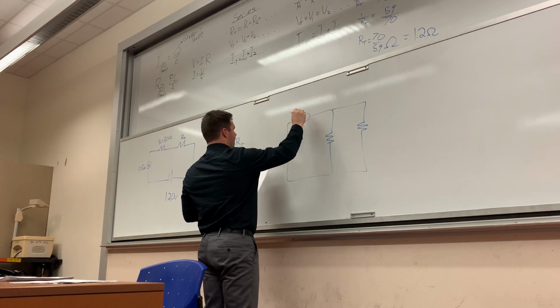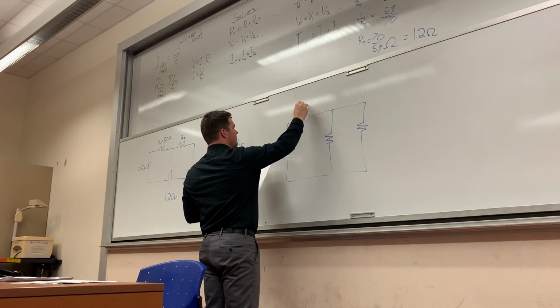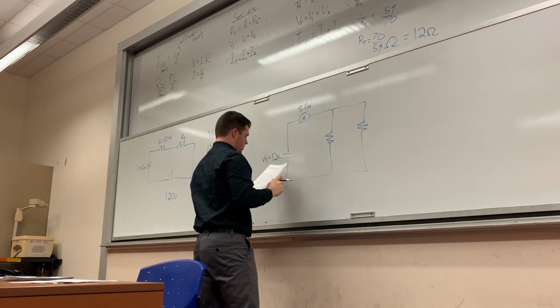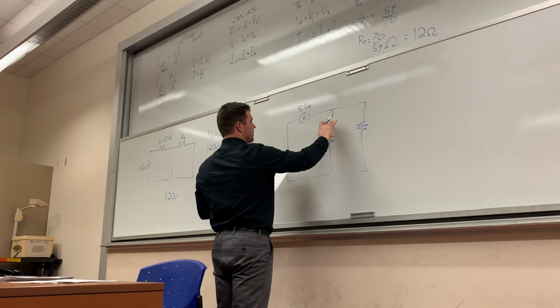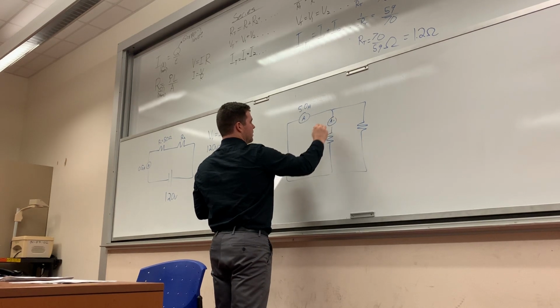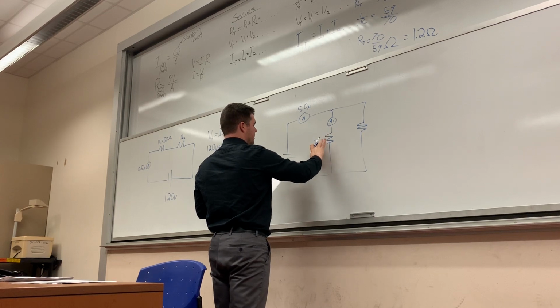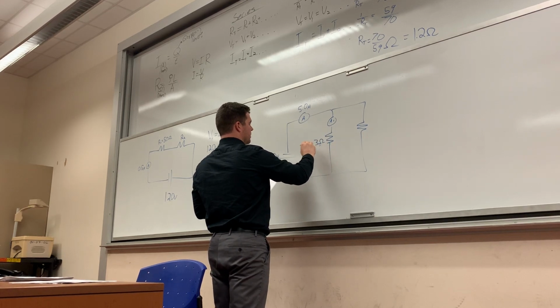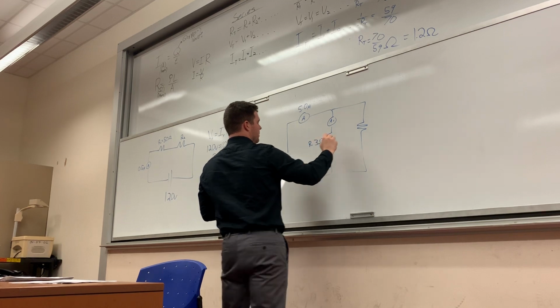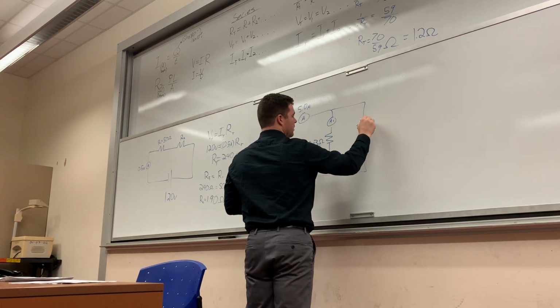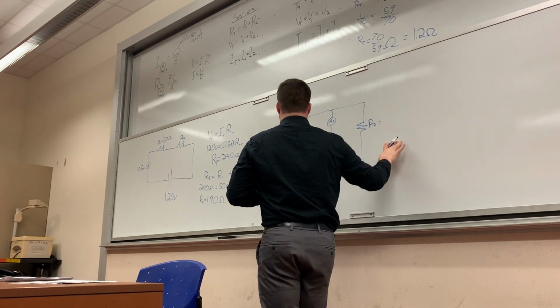We have this ammeter, which is 5 amps. And we have this resistor. That's all we have.